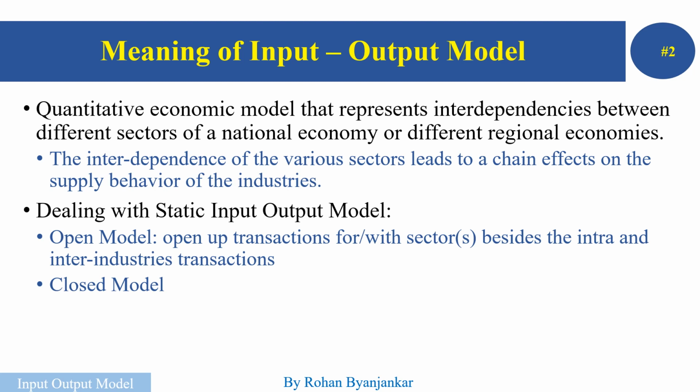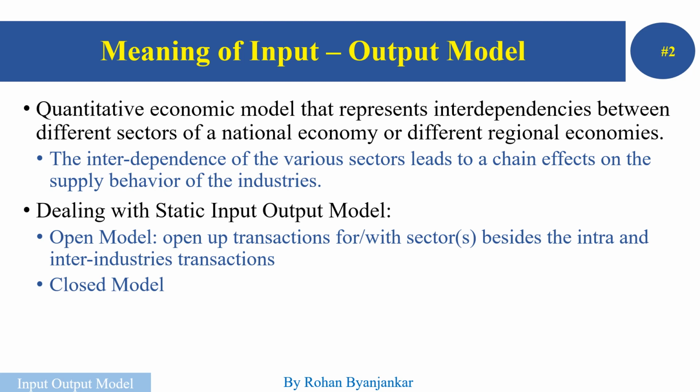In the context of the Nepalese economy, we can divide the entire economy into 15 sectors, and if we deploy the input output model, then we can easily derive the interlinkages between those 15 sectors, and we can also derive the multiplier effect, also known as the chain effect, on the supply behavior of the industries.